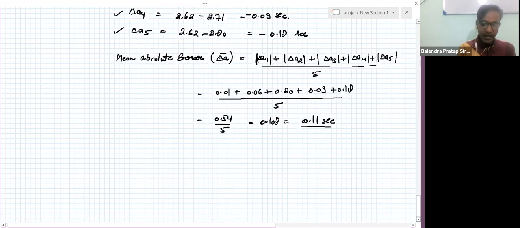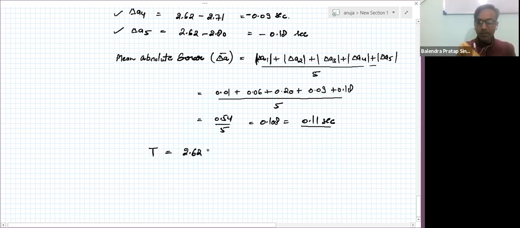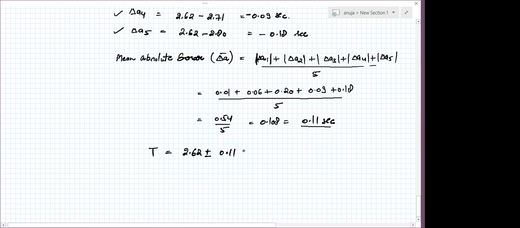So the exact value, how will you represent it? The exact time period, capital T, is nothing but your measured value, 2.62 plus minus 0.11.